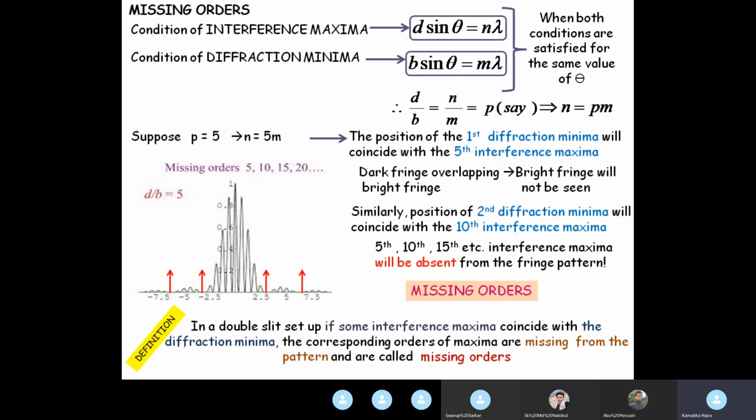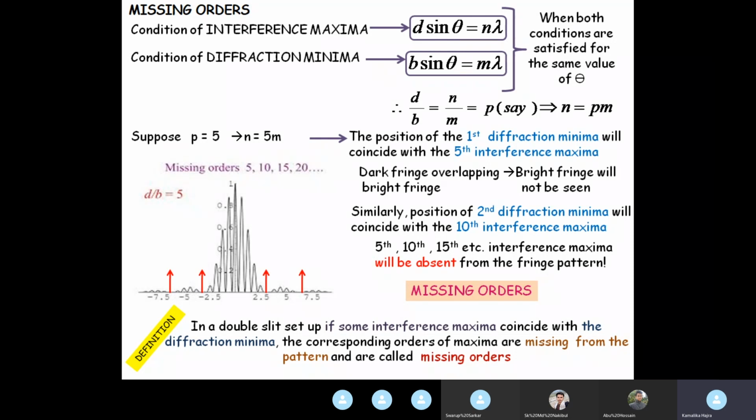Now, the commonest mistake that people make is that they take the ratio as 3 by 1. The ratio will not be 3 by 1 because the ratio is not A by B. Opaque space means A. The ratio is d by b.